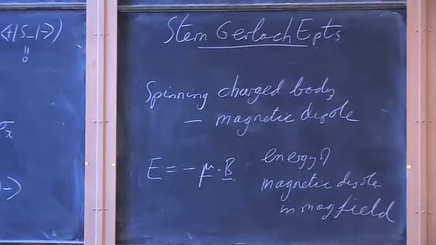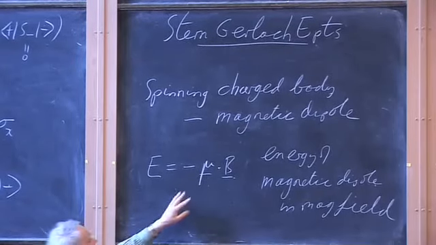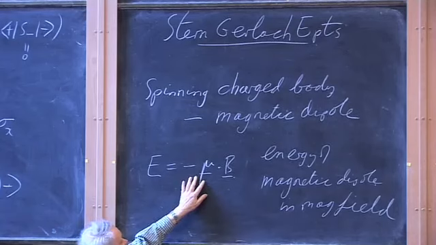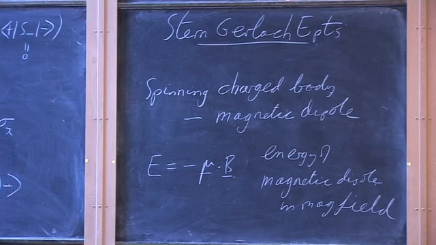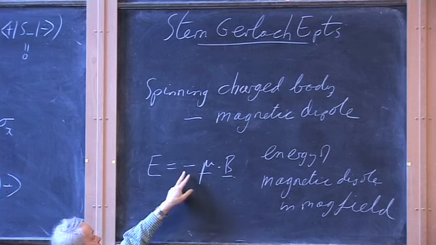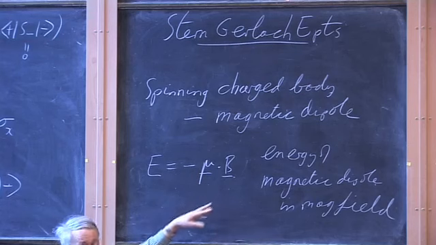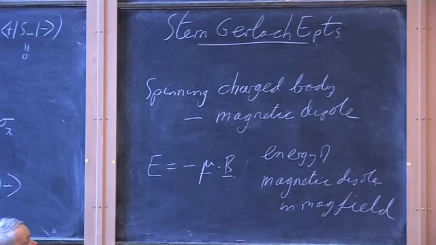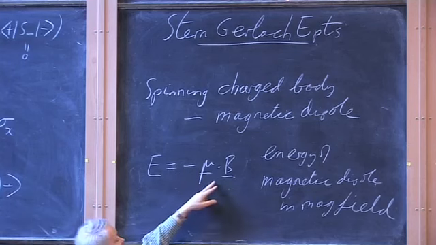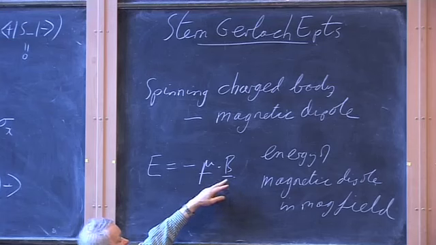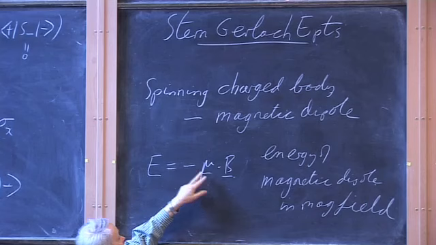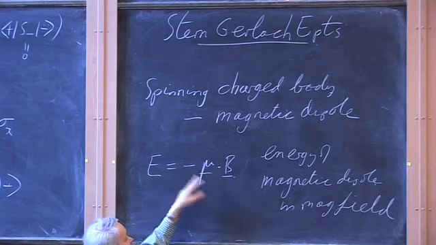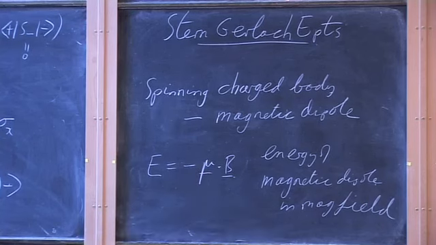That also means that if a magnetic dipole is aligned with the field, its energy will drop as it moves into a region of bigger field, because this will become a more negative number. Whereas if it's anti-aligned with a magnetic field, then its energy will increase if it moves into the magnetic field, because this will be negative and the two minuses will cancel. We'll have a more positive energy.